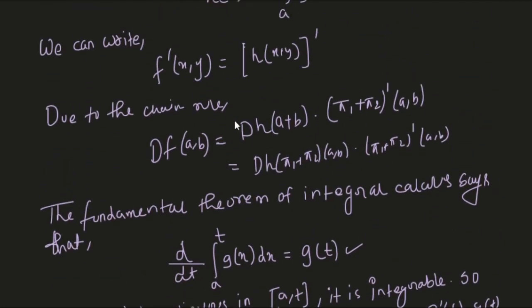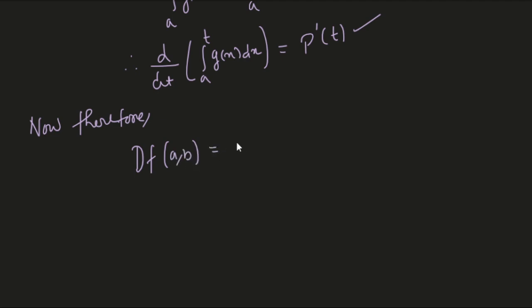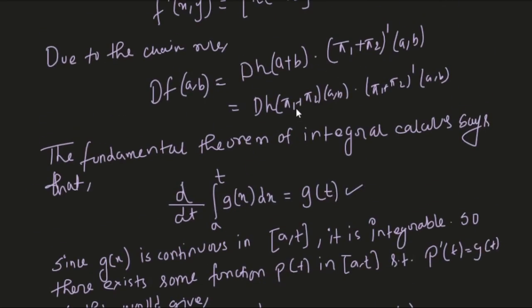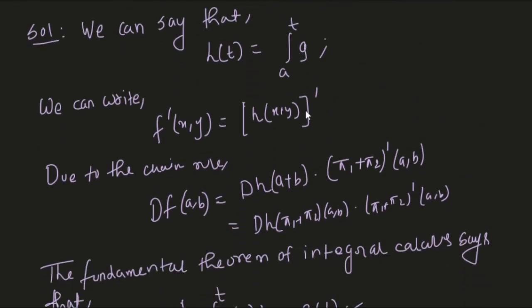Now coming back to our problem, we see that df at a comma b is basically, now dh at a comma b, as we had pointed out, is g of t. So here we had dh of pi 1 plus pi 2, and we understood that h of t, the integral, has derivative g of t.